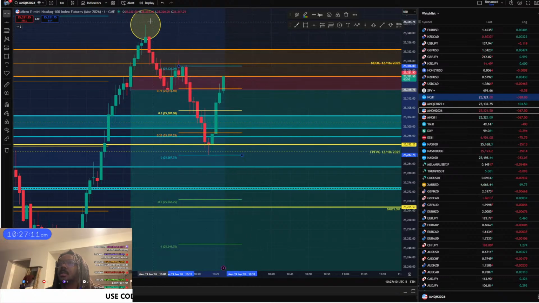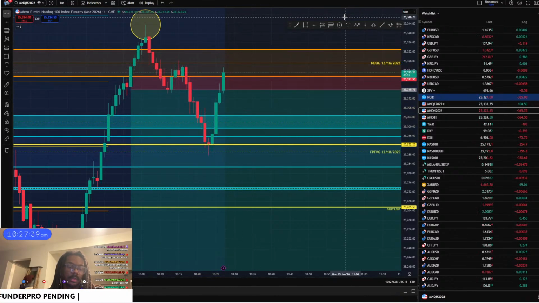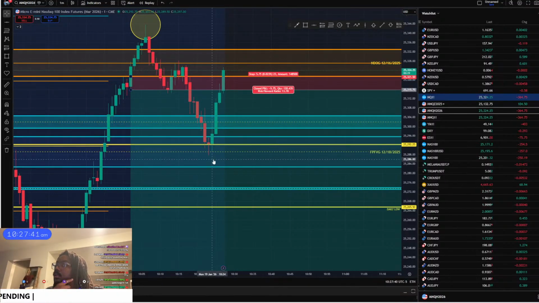It's going to blow right through that. Yep, it's going to blow right through this little fair value gap. So that's why I was trailing my stop so aggressively in the first place, because I really didn't know how much they wanted to give us on that sell.